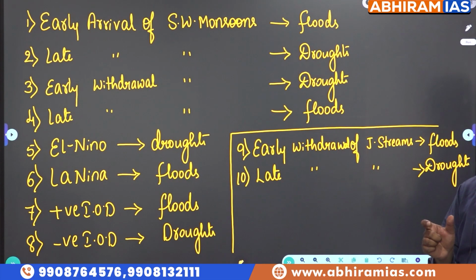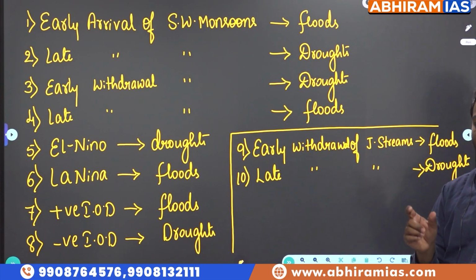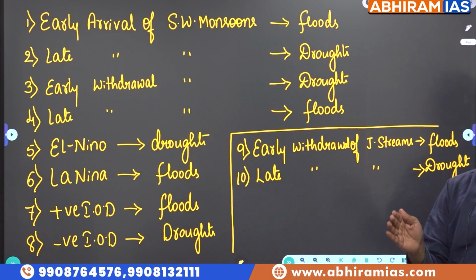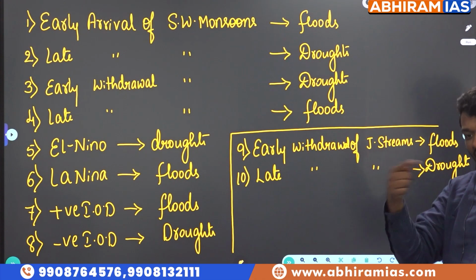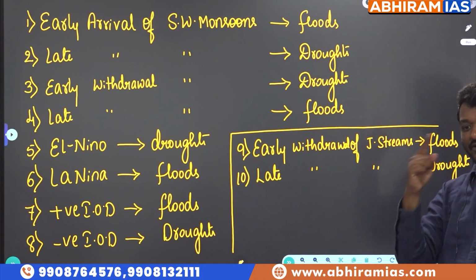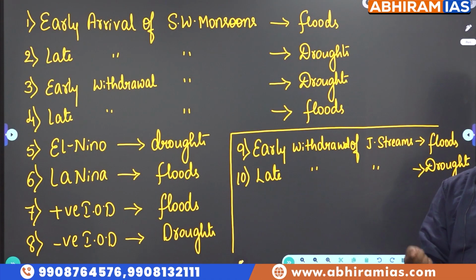Normally, if I take El Nino data from the last 25 to 30 years, El Nino has always led to droughts in India. So this is considered as an exception. According to the data, in future, if El Nino has led to more floods, then they will change. Statistics.